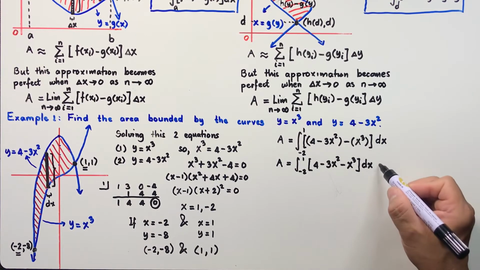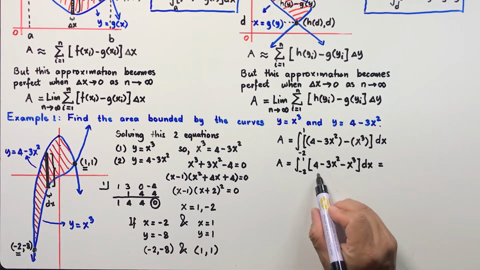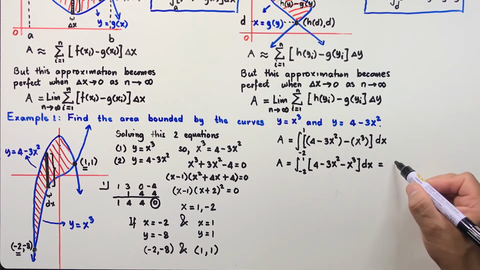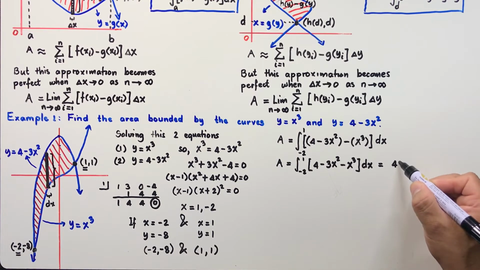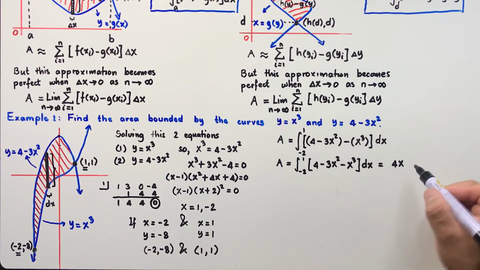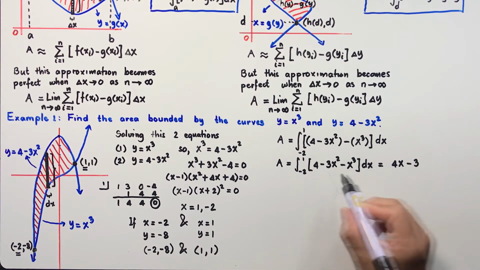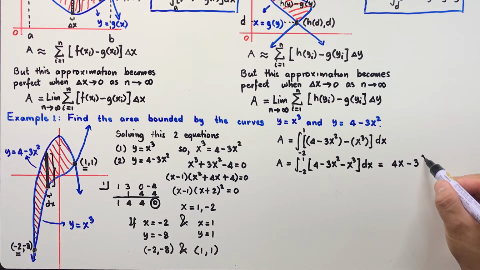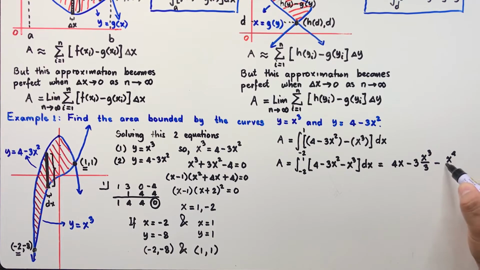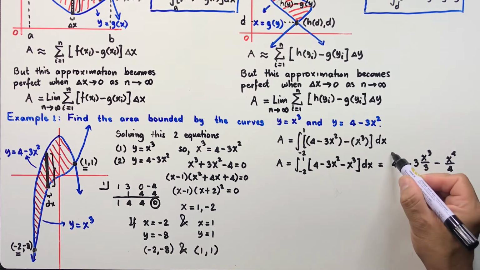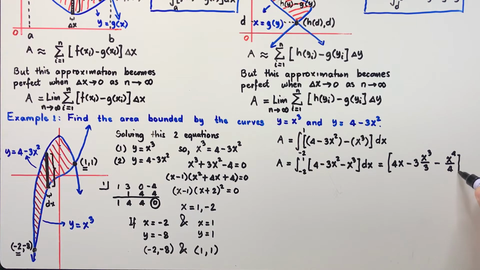And finding the integral of this cubic expression, it is 4x, because the integral of 4 is 4x, and the integral of 3x squared is 3x cubed over 3, minus x to the power 4 over 4, and this will be evaluated from the limits, which are -2 to 1.